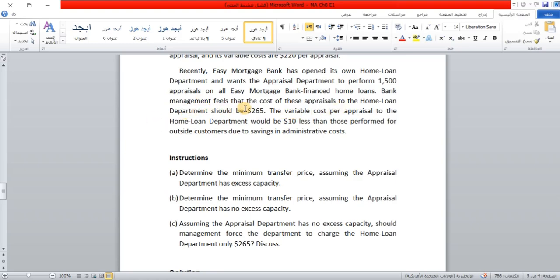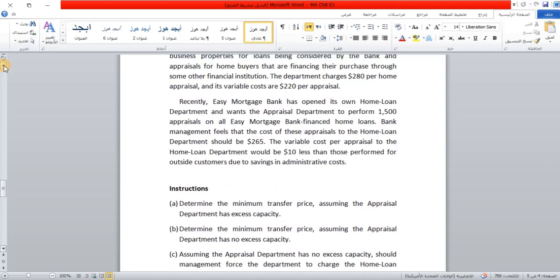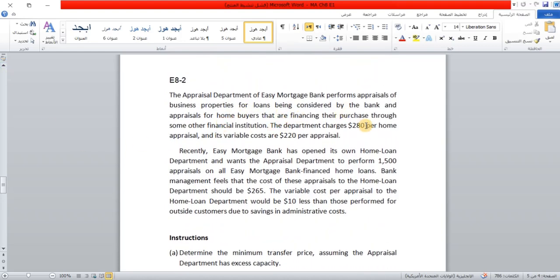Bank management feels that the cost of this appraisal to the home loan department should be $265, not $280. The variable cost per appraisal to the home loan department would be $10 less than those performed for outside customers due to savings in administrative costs. Also, the new variable cost for internal service will decrease to $210.